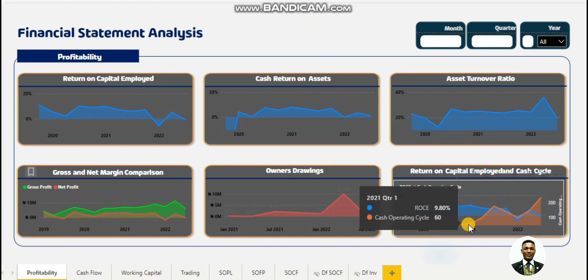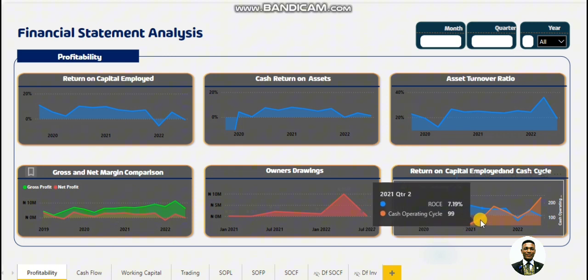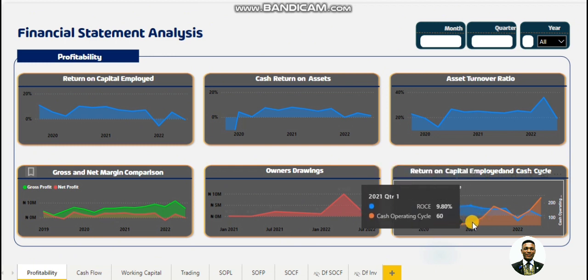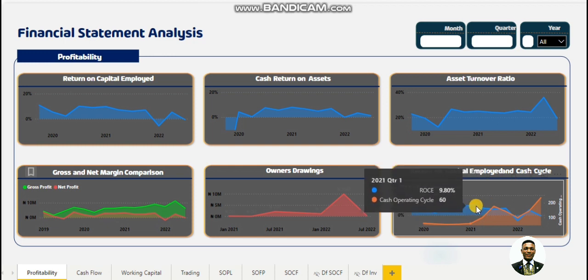But then as the cash operating cycle gradually increased, we started seeing a decline. The more it increased, the more decline we saw.